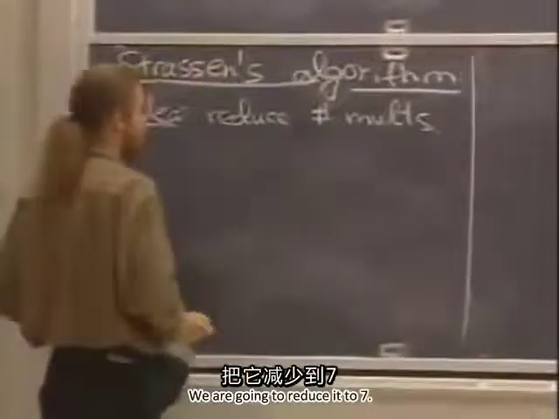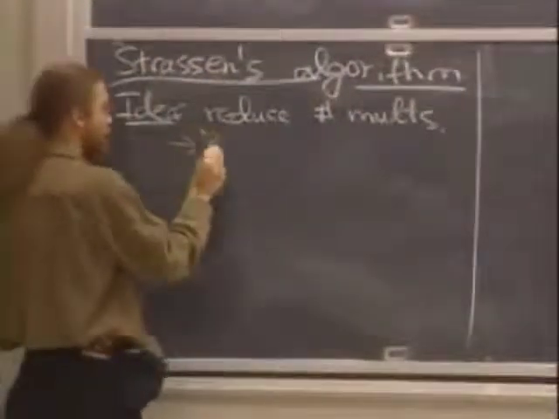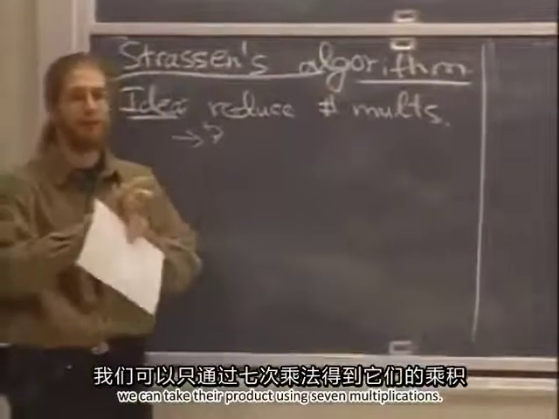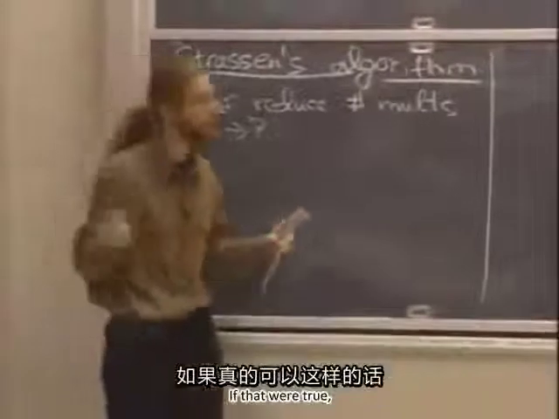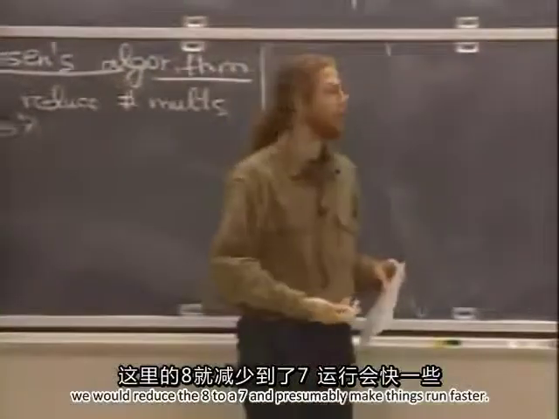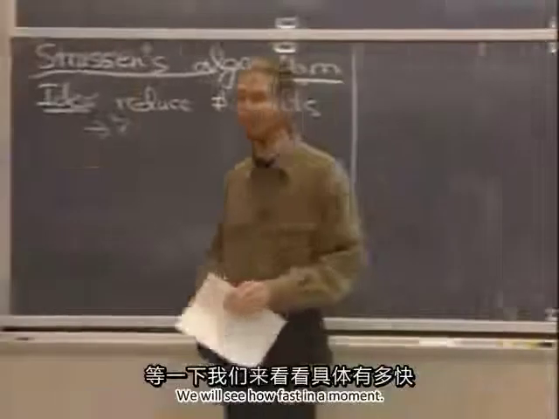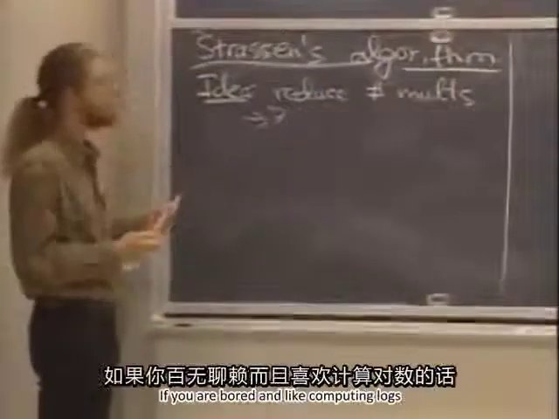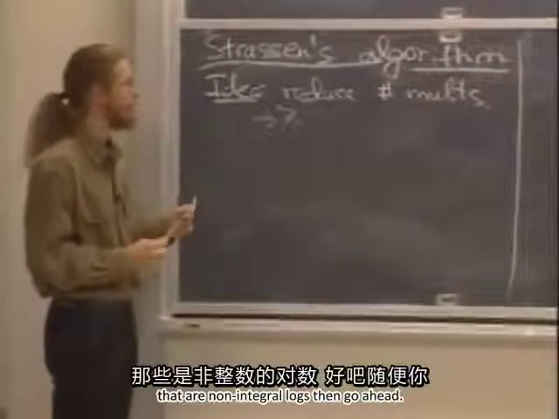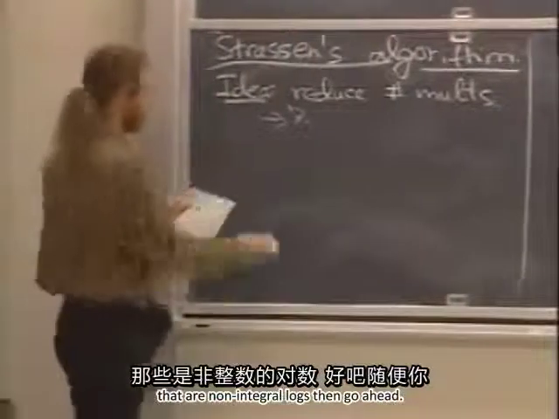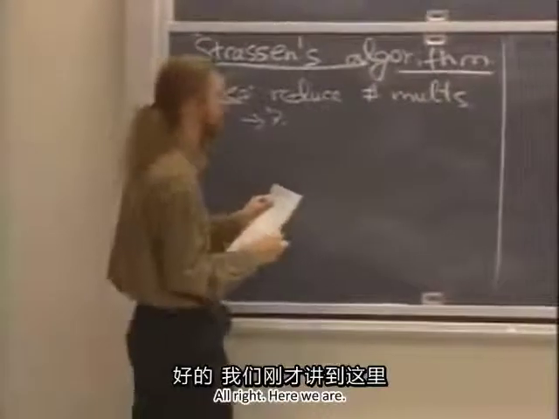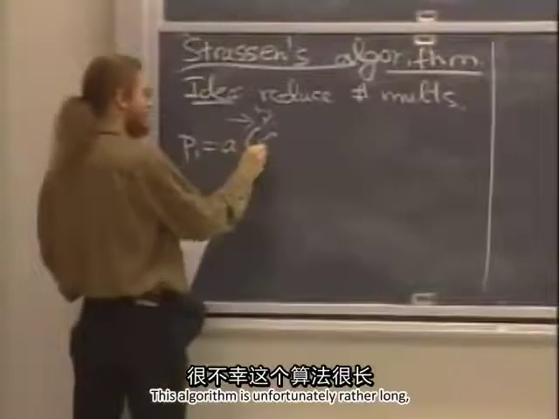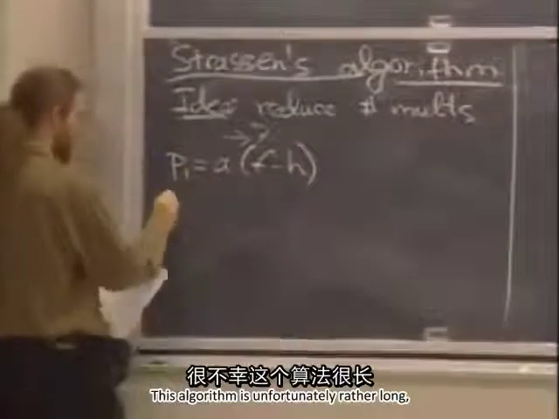We're going to reduce it to 7. The claim is that if we have 2 2-by-2 matrices, we can take their product using 7 multiplications. If that were true, we'd reduce the 8 to a 7 and presumably make things run faster. Okay, we'll see how fast in a moment. You can compute it in your head if you are bored and like computing the non-integral logs. All right, so here we are, P1. So this algorithm is unfortunately rather long.